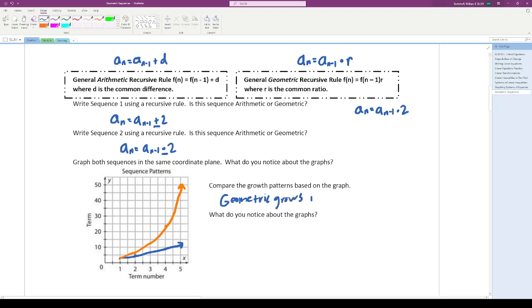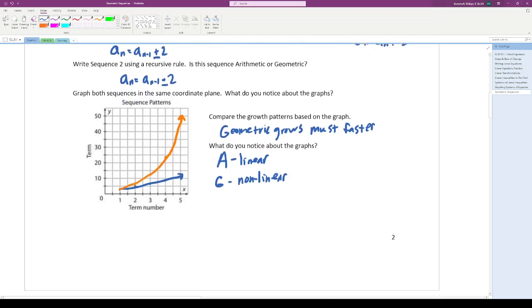Or in the case of a downward slope, it would shrink much faster as well. Wherever it's headed, it's going to get there a lot more quickly than the arithmetic one. So arithmetic is linear, and geometric is nonlinear, and like we said, the rate of change is very different between the two.